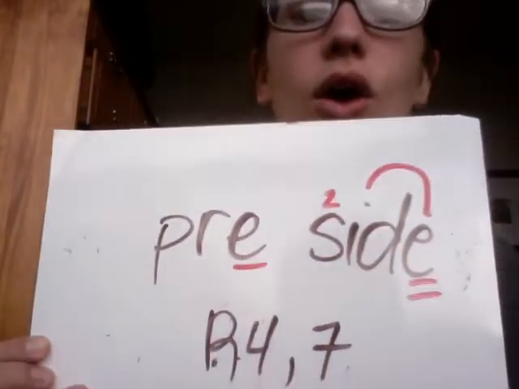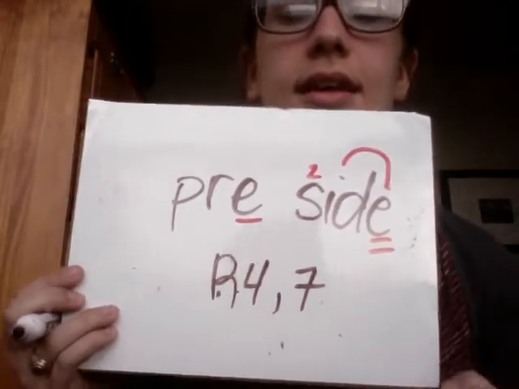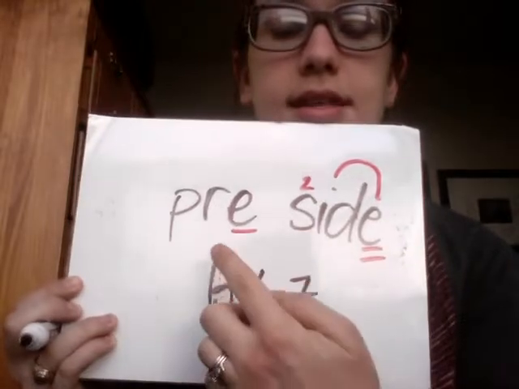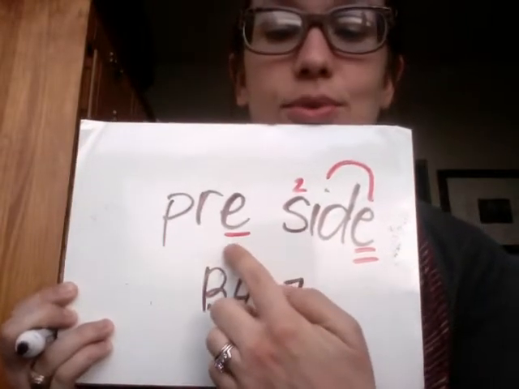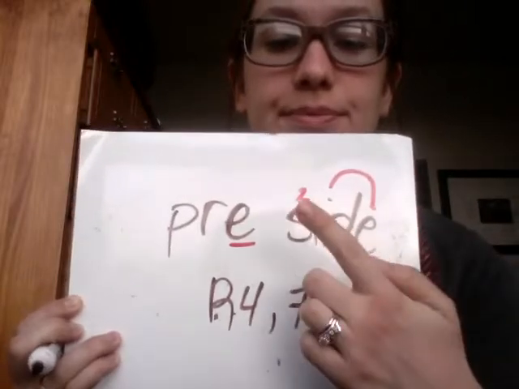Okay. Oh, I'm missing a rule. Okay. P-R-E-S-I-D-E. E says E at the end of a syllable, and we have a silent final E that makes the I say I. So rules 4 and 7. Here I'm going to pause, and I'll see you on part 2 of your dictation.